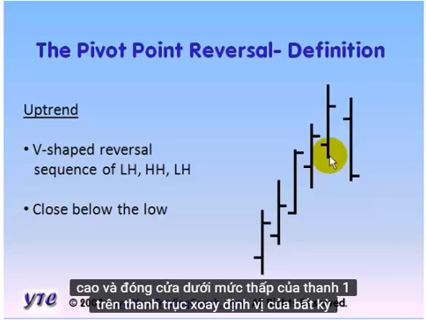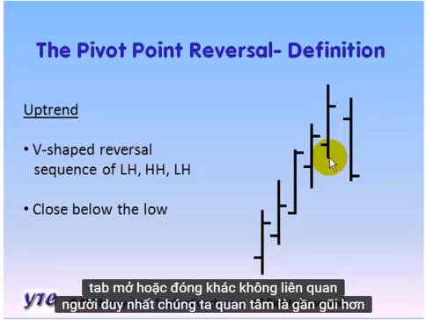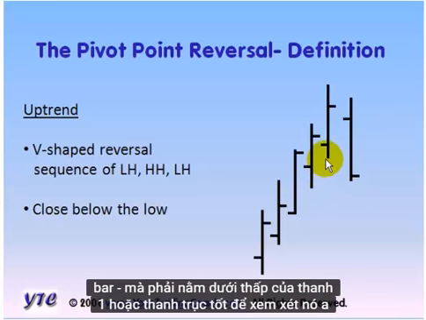The positioning of any other open or close is irrelevant. The only one we care about is the close of bar 2, which must be below the low of bar 1 or the pivot bar.